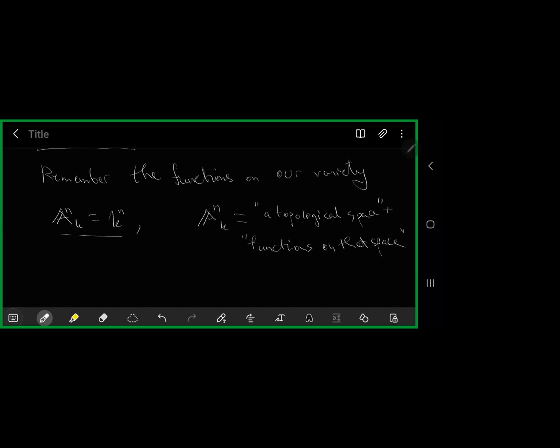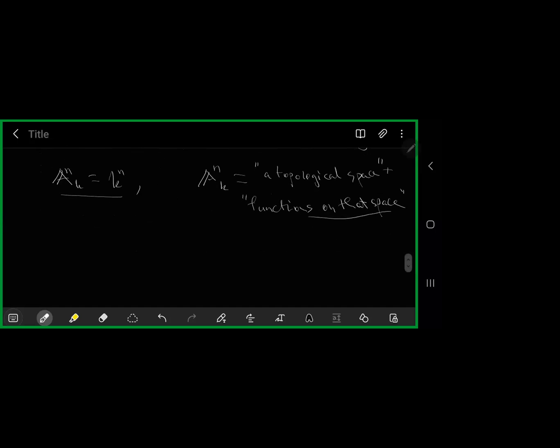And I want to say now precisely what A^n_k is. So the functions on that space are going to be polynomials in n variables. And the topological space, which is denoted as Spec k[x1,...,xn], is going to be all prime ideals of the ring k[x1,...,xn]. Okay.